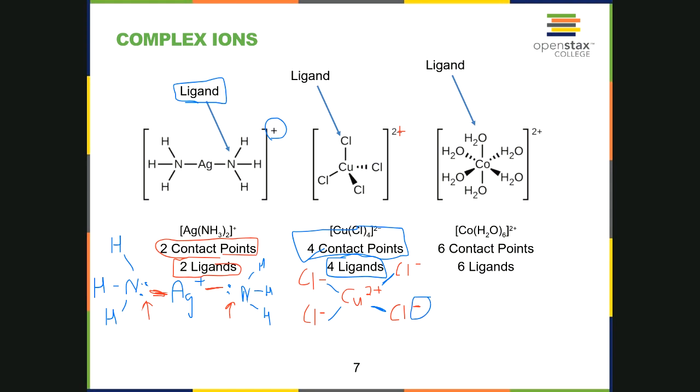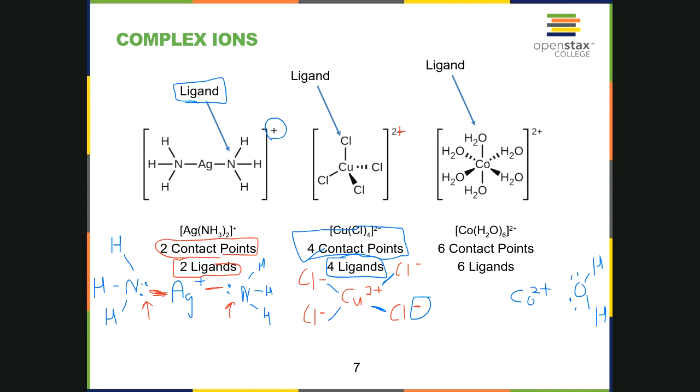And then we're going to do one more here. We've got cobalt. I don't know if I'm going to be able to draw this whole thing in this small space, but anyway. The cobalt comes in as cobalt 2 plus. I'm just going to show 1 water. I think it's going to be too hard to draw more than that. Here's a water molecule. And hopefully you recall that the oxygen on the water has 2 pairs of lone pair electrons.